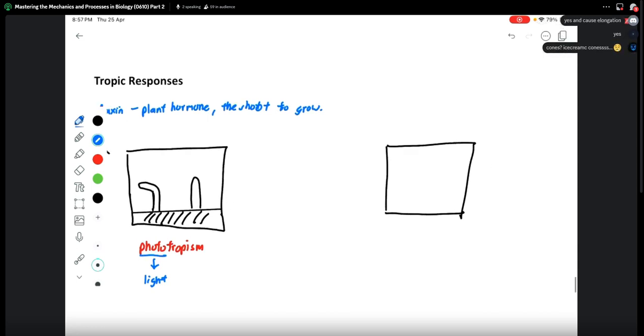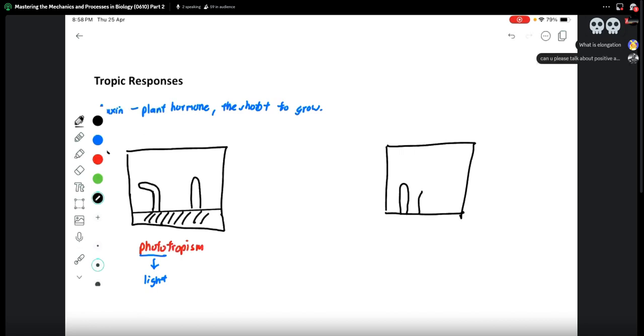Now looking at the second condition. So this is the initial shoot. What happens to the second one? Will it go to the right, go to the left, or remain the same, or go down?